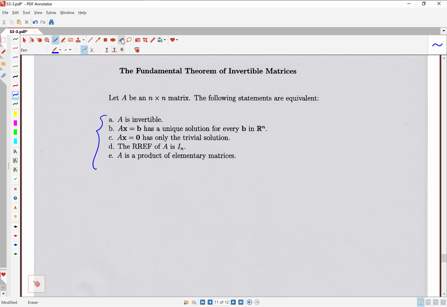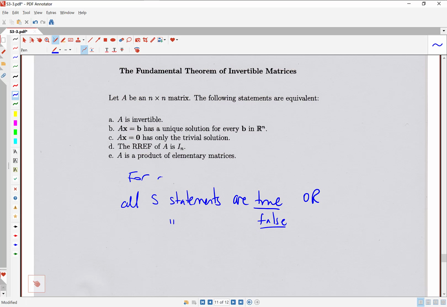So let's break down what this statement is saying. First of all, it applies to square matrices, 2 by 2, 3 by 3, etc. And when we say the following statements are equivalent, it means all 5 statements are true or all 5 statements are false. So you could rephrase this entire theorem as, for a given square matrix, all 5 statements are true or all 5 statements are false.